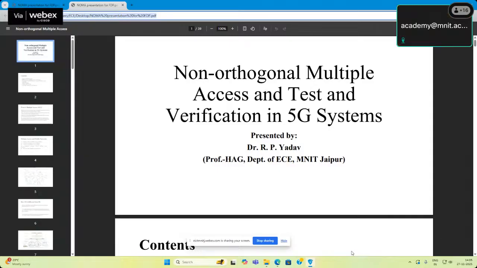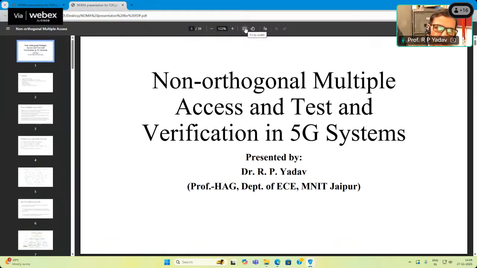It's the three dots beside the print option. Okay, I think this is fine. Yes, Ravi, I think it's fine. Yes, sir. Thank you, Neeraj.